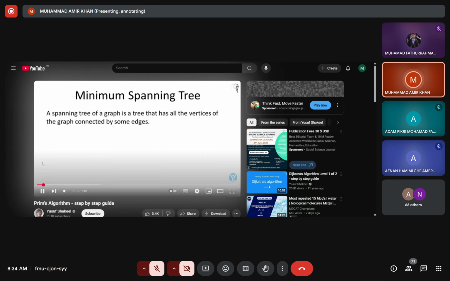So what is a minimum spanning tree? A spanning tree of a graph is a tree that has all vertices of the graph connected by some edges.